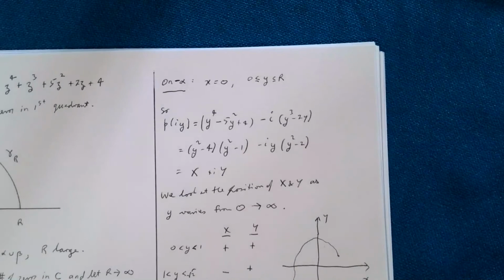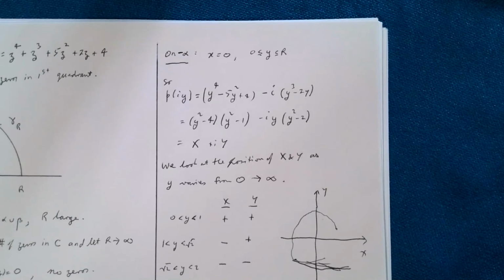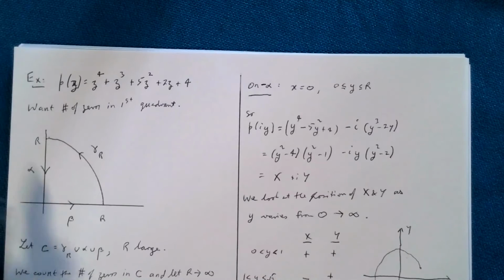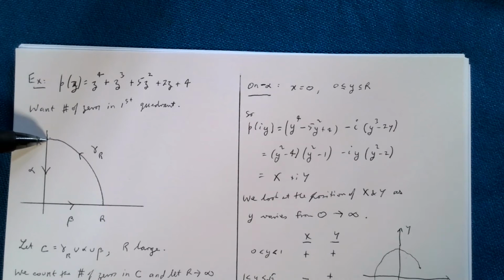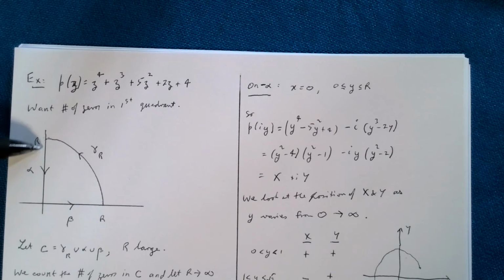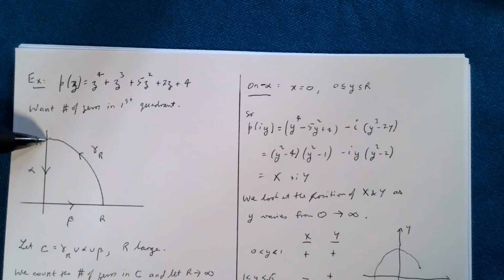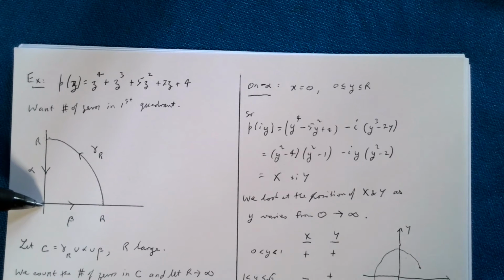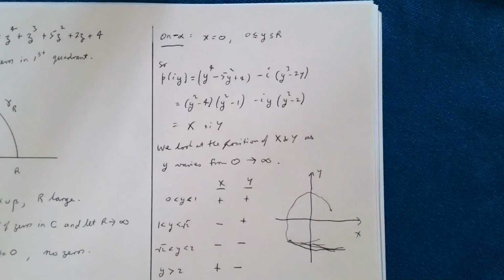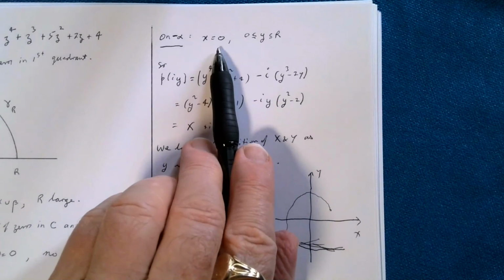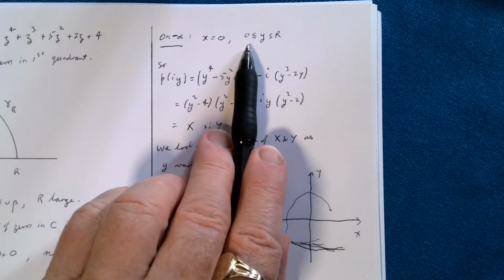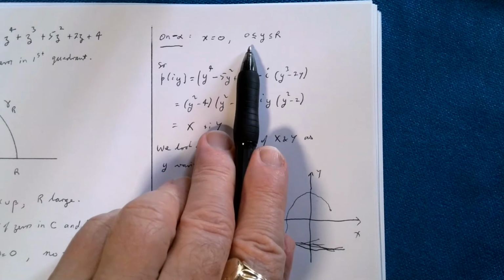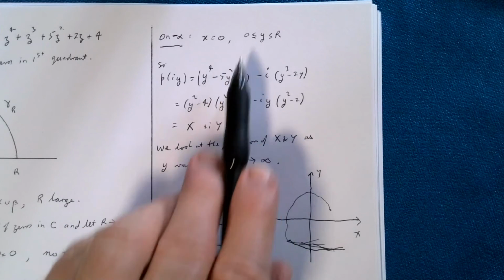Now finally, the most fiddly part is what's happening on the contour down here. I'm going to look at what happens on minus alpha, and then just put a minus in front, because it's easier to move from 0 up to r than it is to go the other way. So on minus alpha, x is equal to 0 and y is some real number between 0 and r. That is, I'm putting z equal to 0 plus iy in.